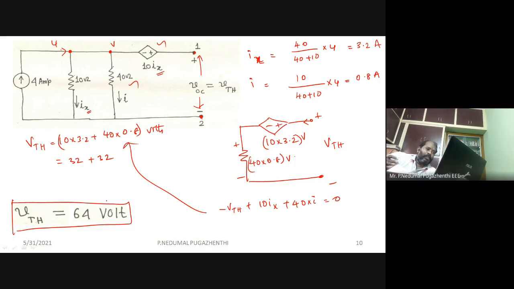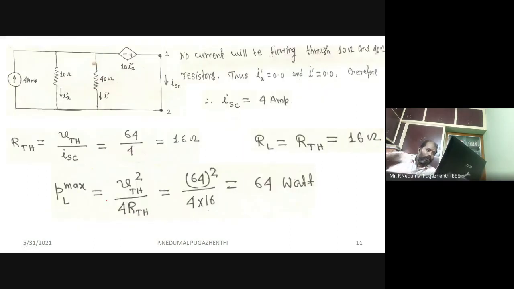Since I cannot directly find the R Thevenin, I will first try to find what is the short circuit current. This is my short circuit current, ISC. Okay, I will short circuit 1 and 2, and I will try to find what is short circuit current. You can see that up to this point, these all are same node. I will put this as 1 dash, let me say. All are same node. Okay. So what happens?